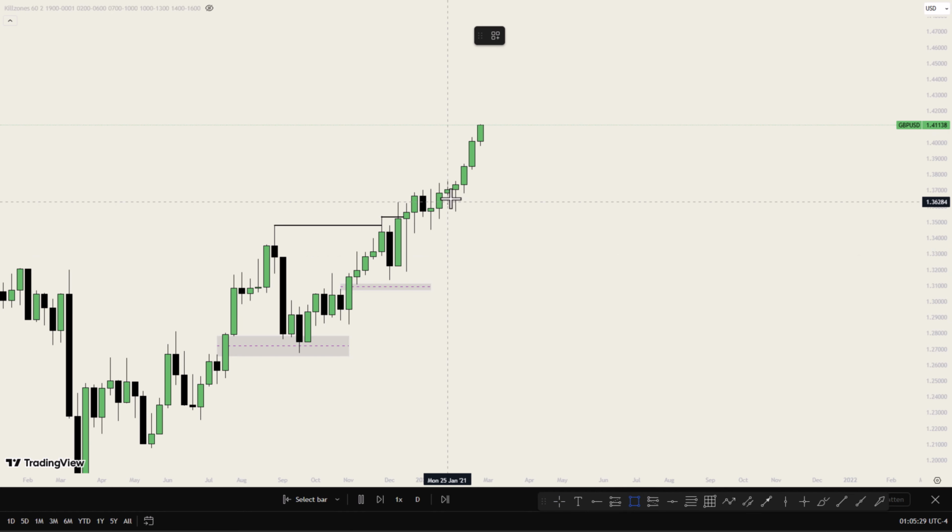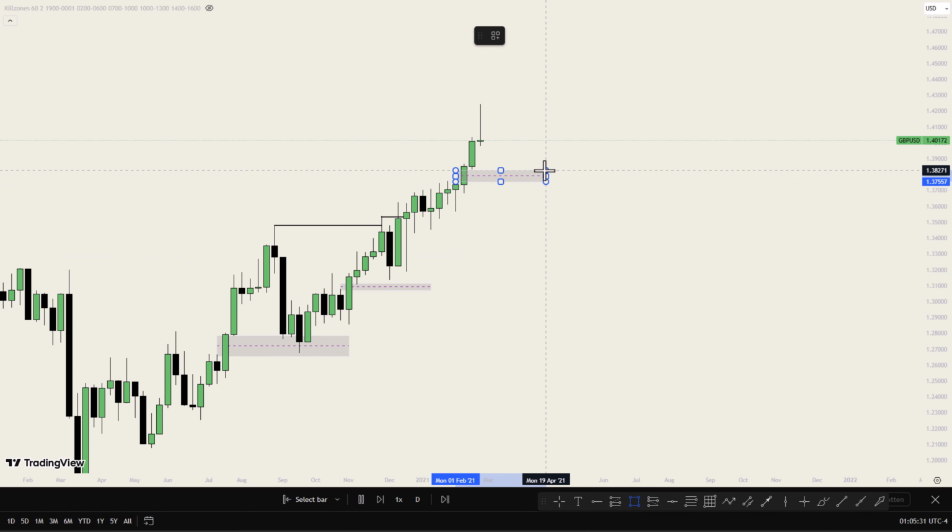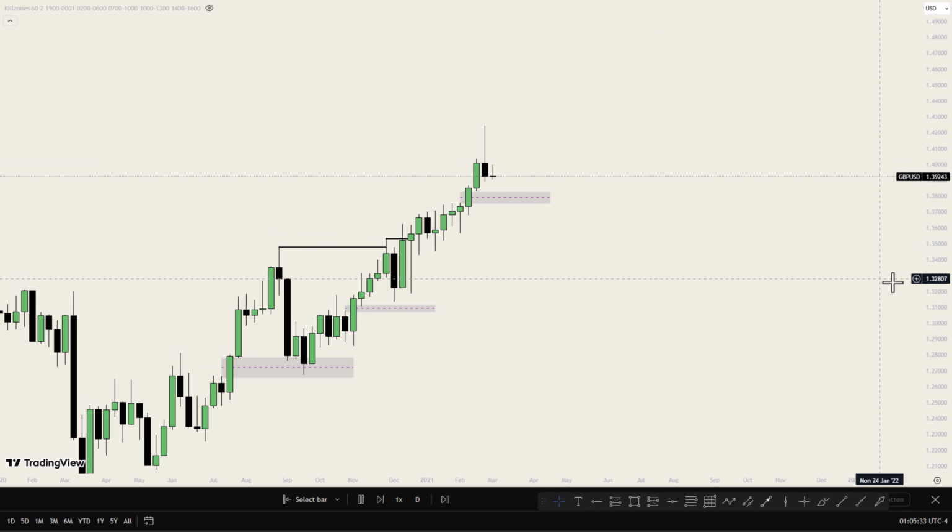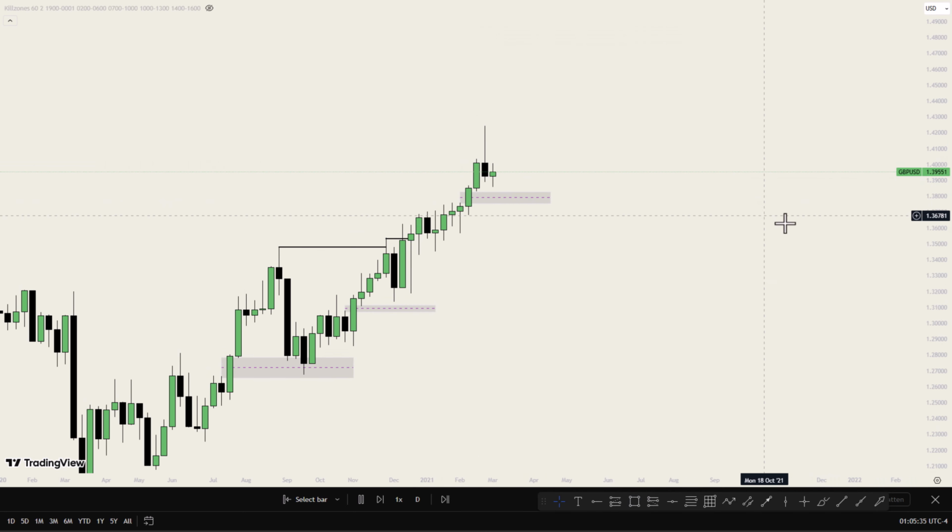So what do we see? We see price has created a fair value gap, and that is an internal range liquidity.